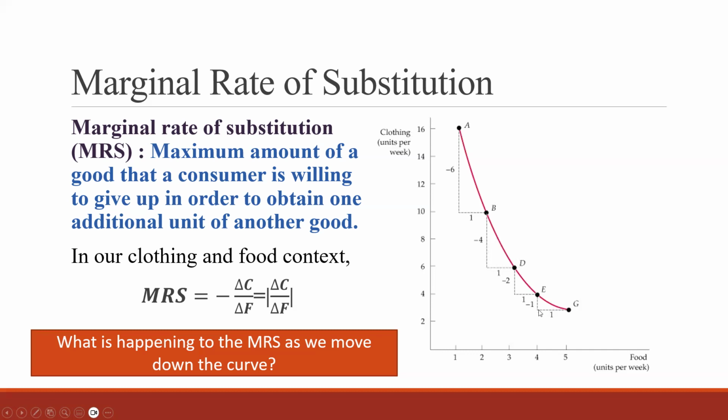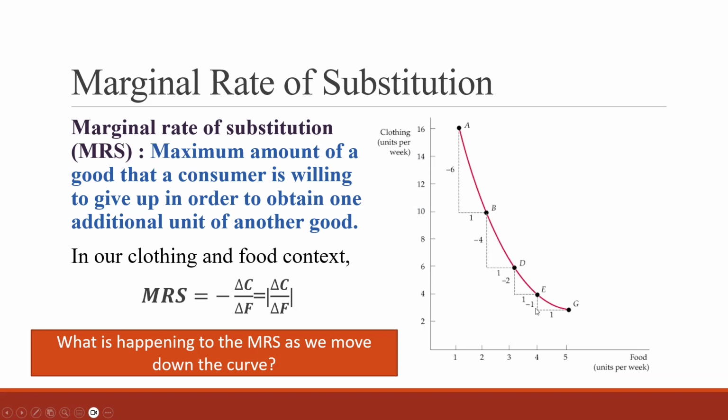But eventually, when you're at E and G, now after taking on the mission to get rid of clothing, eventually we are not rich in clothing anymore. It's only four units of clothing, but we've already had 4 units of hamburgers, right? Then at this moment, an additional 1 unit of hamburger doesn't give you a lot of increment in your satisfaction, but when you don't have a lot of clothes already, reducing 1 unit of clothes means a lot to you.